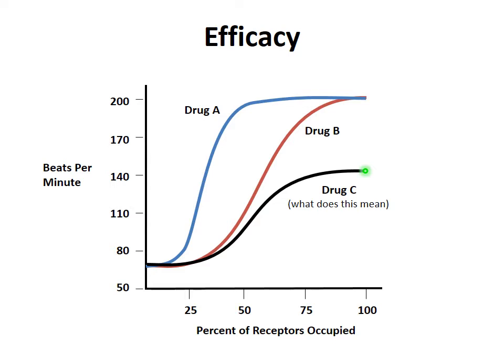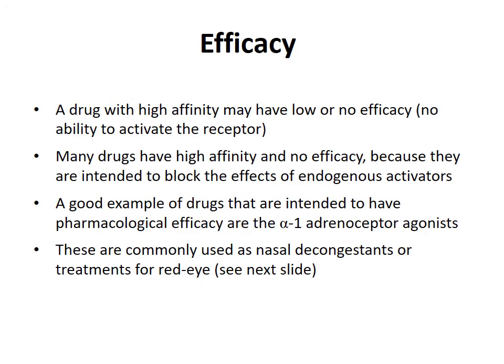Keep that in mind, because there are examples like that. You can completely occupy a receptor and still not get the maximum response achievable by that biological system, and that has to do with the conformation of the receptor, and we're going to talk about that later.